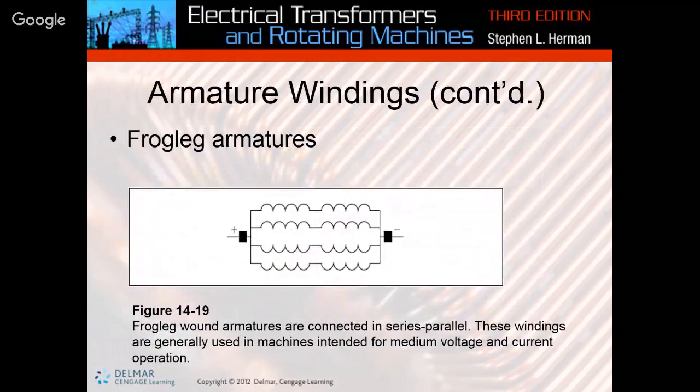Frog legs. I've never heard of the frog leg winding until today. In my world, that would just be the series parallel. So frog legs on armatures are connected series parallel with windings for demonstration machines intended for reading voltage and current applications. So we have three different styles here.